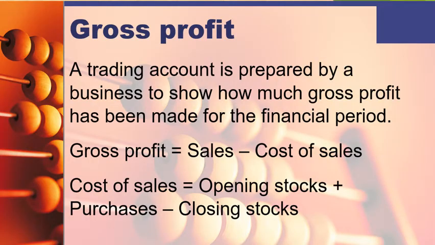So let's look at one example of getting a gross profit. The trading account is prepared by a business to show how much gross profit has been made for the financial period. We've already talked about that. So GP is equal to sales minus the cost of sales. And cost of sales is equal to opening stock plus purchases minus closing stock.